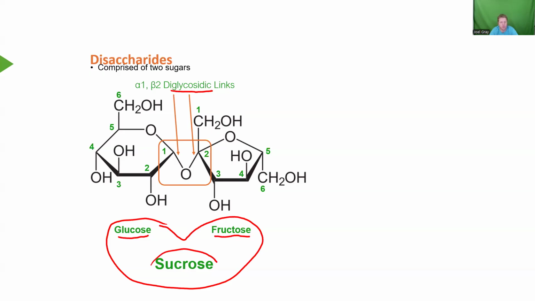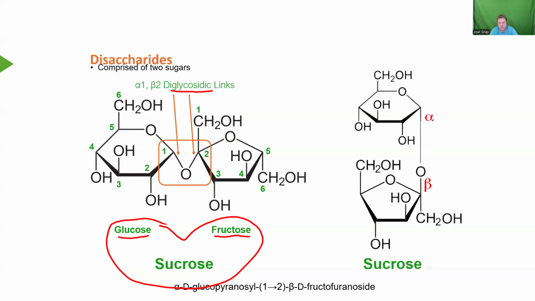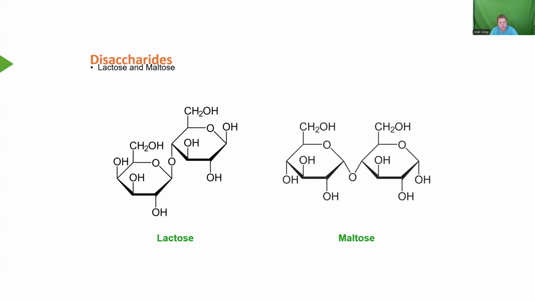Anyway, sucrose is a disaccharide of glucose and fructose. Now, the way that sucrose can also be depicted is like this, where this ring is this ring. This ring is this ring. And there's our glucose and fructose.